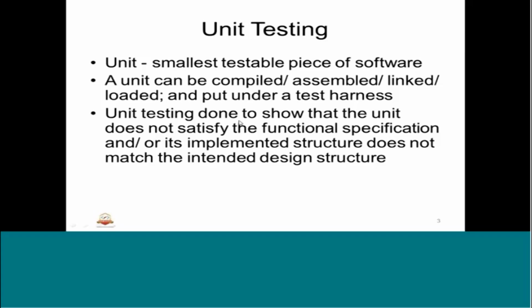Unit testing is done to show that the unit does not satisfy its functional specification, or that its implemented structure does not match the intended design structure. This testing is done to satisfy the functional specification that is specific to that unit. So either it is not satisfying that, or the structure that is implemented is not matching the intended structure. That is the goal of unit testing.